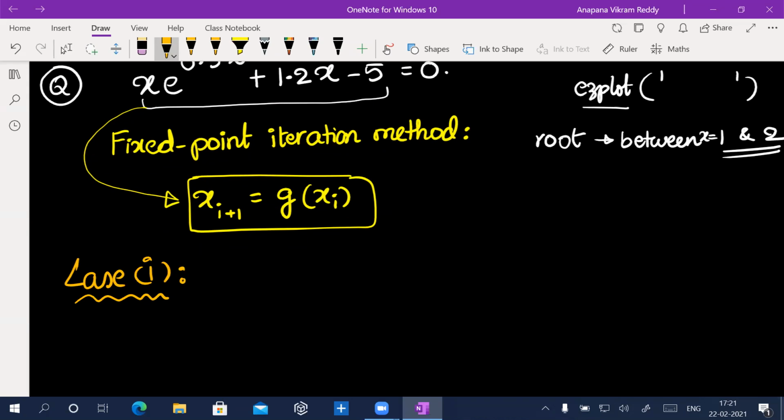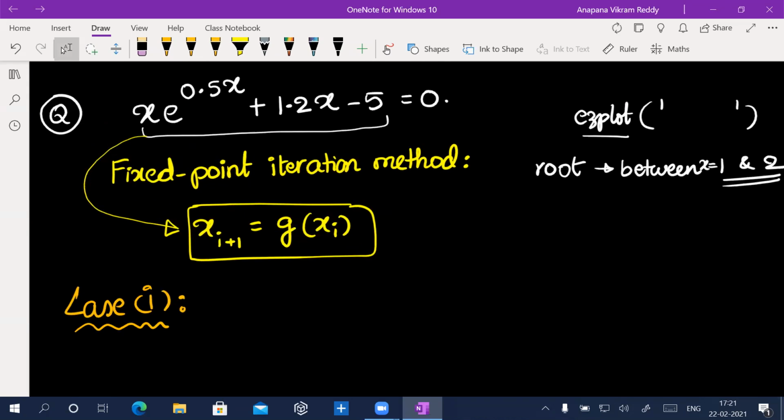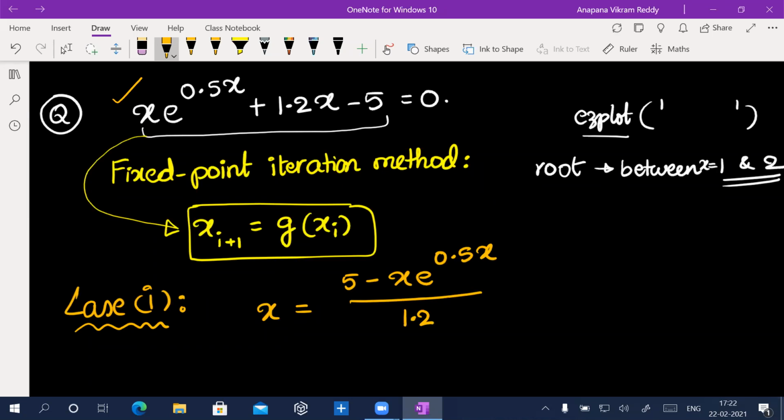Can you tell me one way? Case 1, let me write down like this: x is equal to 5 minus x e power 0.5x divided by 1.2. See, this one we have done like this. We agree?